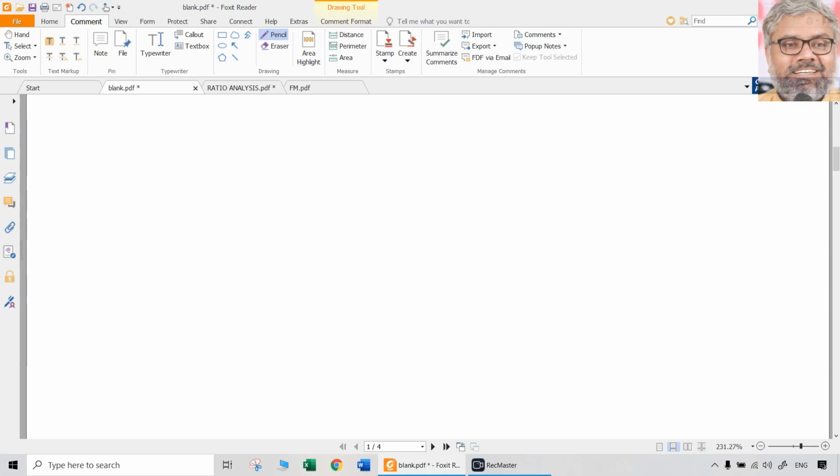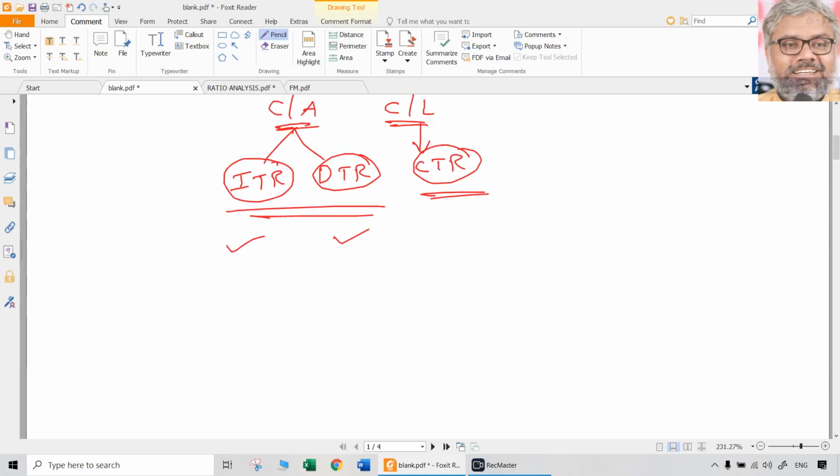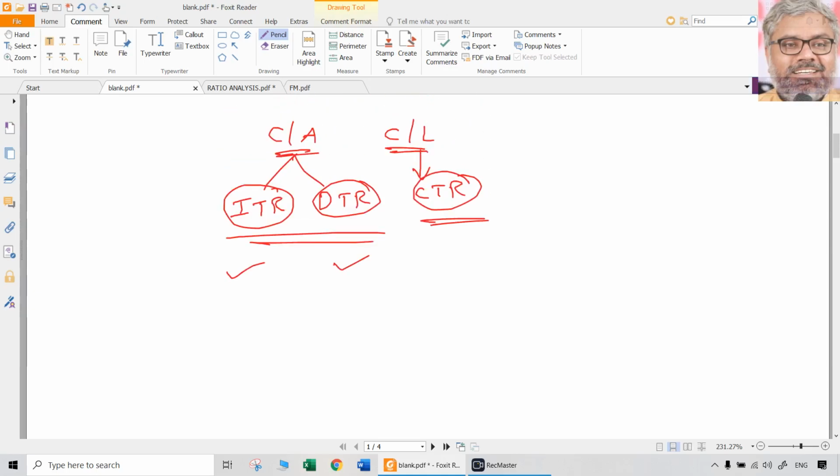So the lowest possible debtors turnover ratio is not something that is good. Or the highest debtors turnover ratio is indicating better credit collection, but maybe the firm is squeezing money from the customers. It's almost like chasing the customers. So that may indicate other things also.